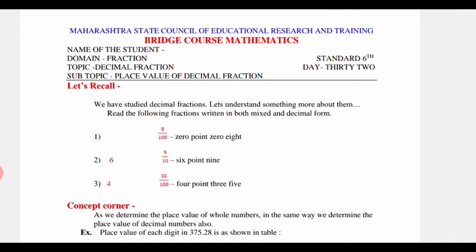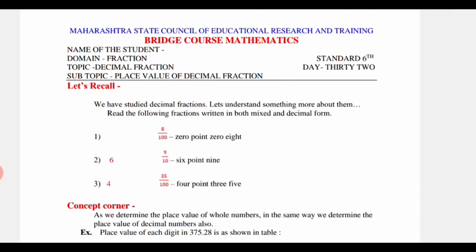Now we have come to day 32. On day 32, the area is fraction, the topic is decimal fraction, and the subtopic is place value of decimal fraction. Let us recall, we have studied decimal fractions. Let us understand something more about them.